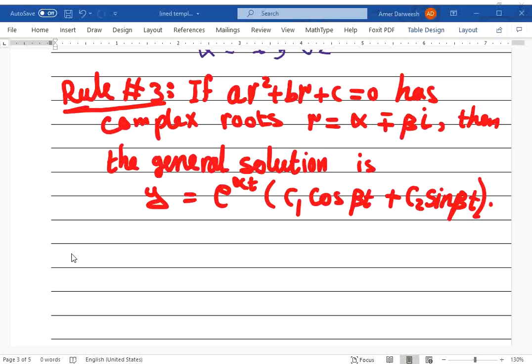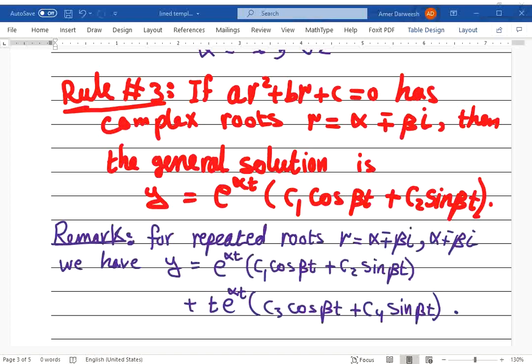وخليني أكتب هلأ ملاحظة مهمة إذا كان في عندي repeated roots. repeated roots للكومبلكس بتكون على الأقل من الدرجة الرابعة عشان يكون عندي two roots and repeated two other roots. إذا الفاكت تحكي كما يلي: for repeated roots r equals alpha plus minus beta i, alpha plus minus beta i. زي ما حكينا هاي على الأقل لازم تكون من الدرجة الرابعة.